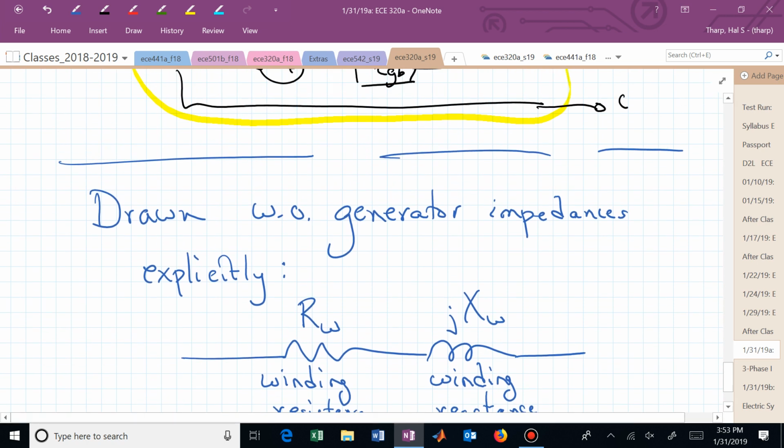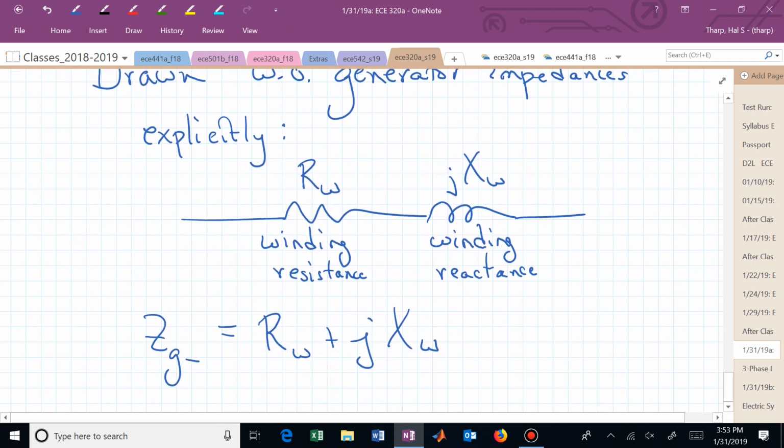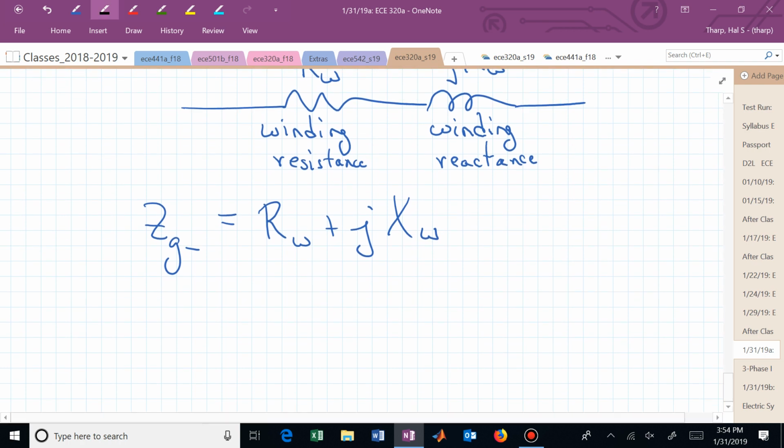But in these boxes that I've now labeled Z sub G something, you could fill them in with a little bit more detail, and they would have this winding resistance and winding reactance. That's what the sources look like that we will be using.